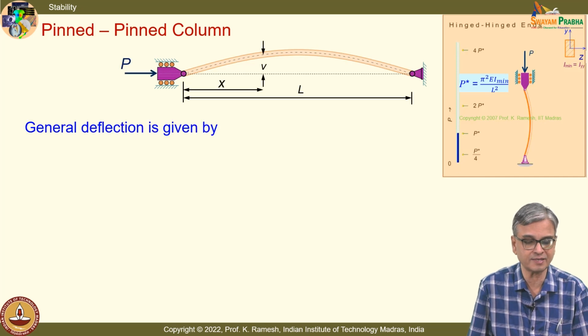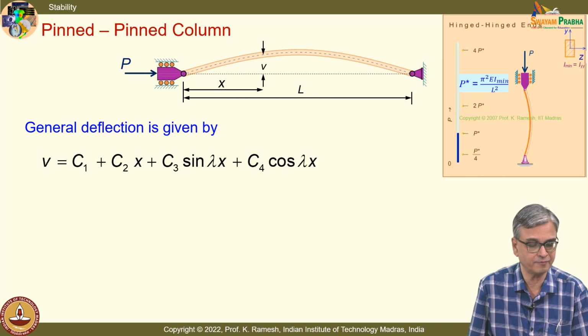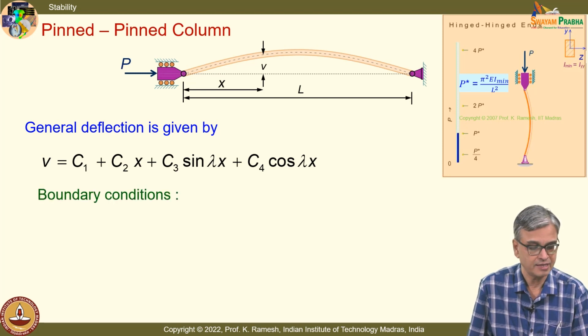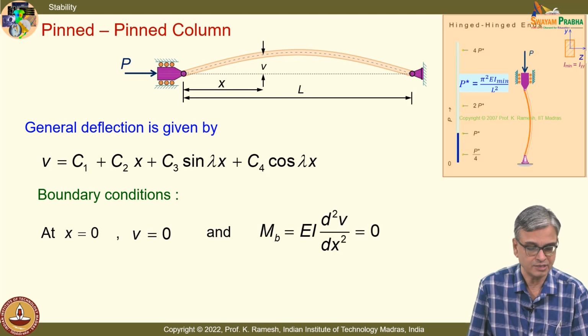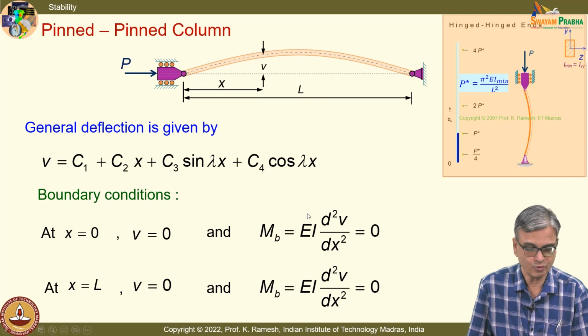So, it is just substitution of the boundary condition. v equal to C1 plus C2 x plus C3 sin lambda x plus C4 cos lambda x, and you have the boundary condition at x equal to 0, v equal to 0, and M equal to EI d squared v by dx squared equal to 0. At x equal to L, v equal to 0, and you have M equal to EI d squared v by dx squared equal to 0.